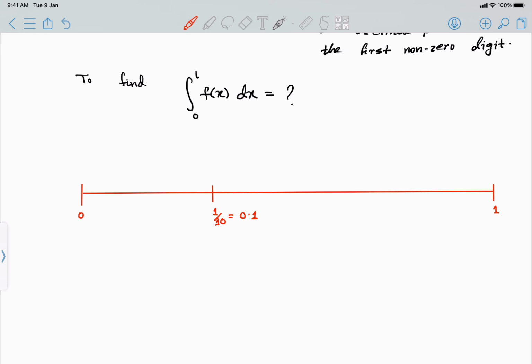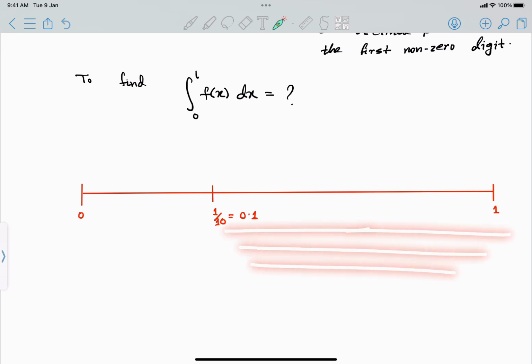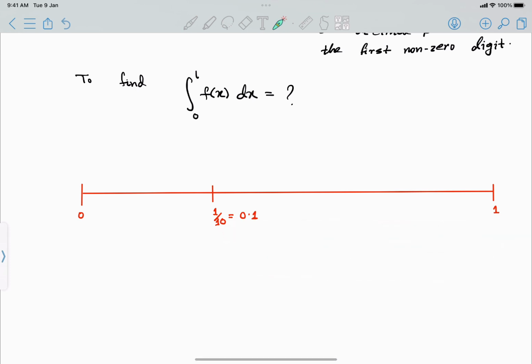Note that after this point, no number has its first decimal digit equal to 0.